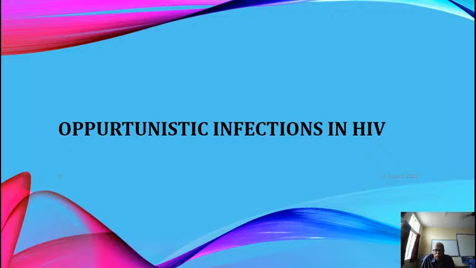Similarly, protozoal infections. Usually we get Cryptosporidium, Microsporidium, Isospora belli. These are protozoal organisms responsible for persistent diarrhea. They become AIDS-defining illnesses. Simple diarrhea due to E. coli or Salmonella doesn't make much difference because it can be easily treated.